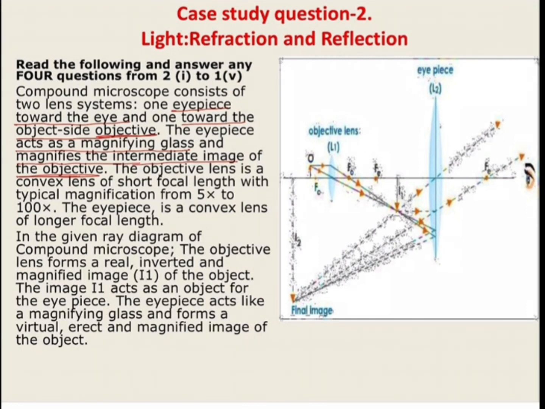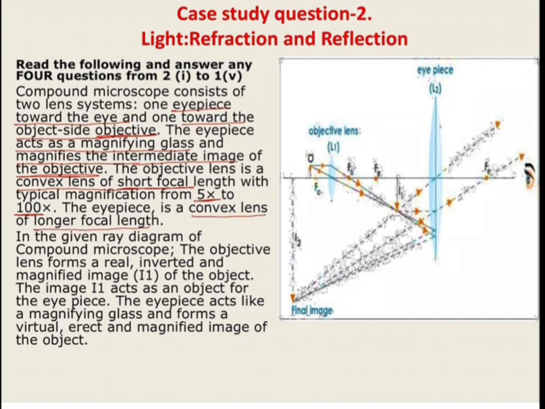The objective lens is a convex lens of short focal length with typical magnification from 5x to 100x. The eyepiece is a convex lens of longer focal length.